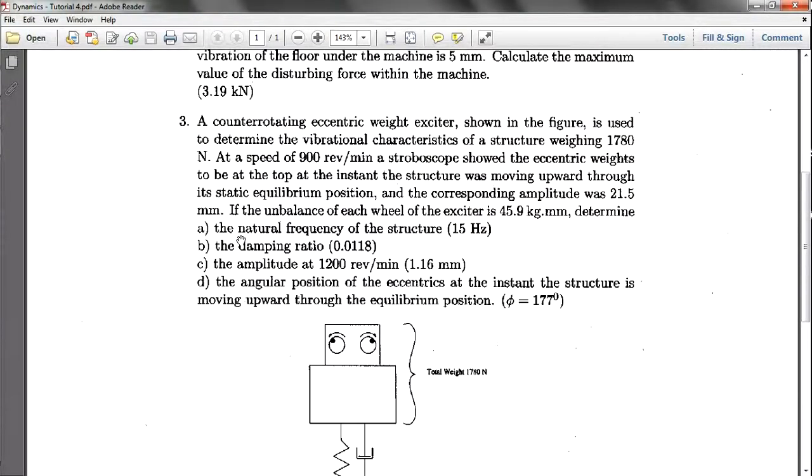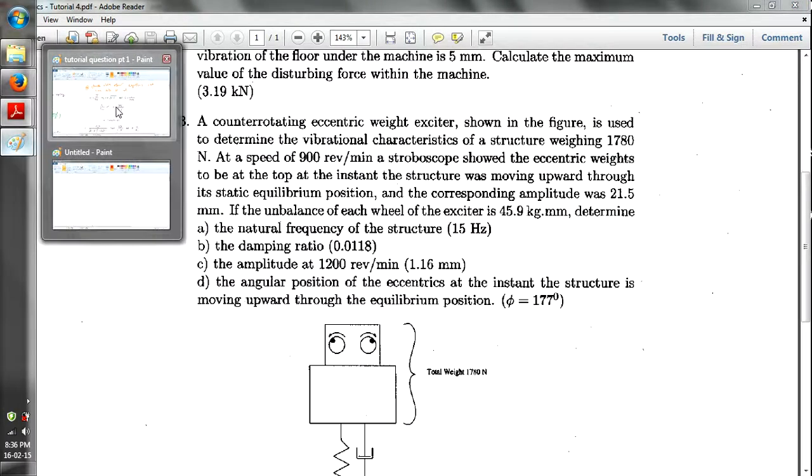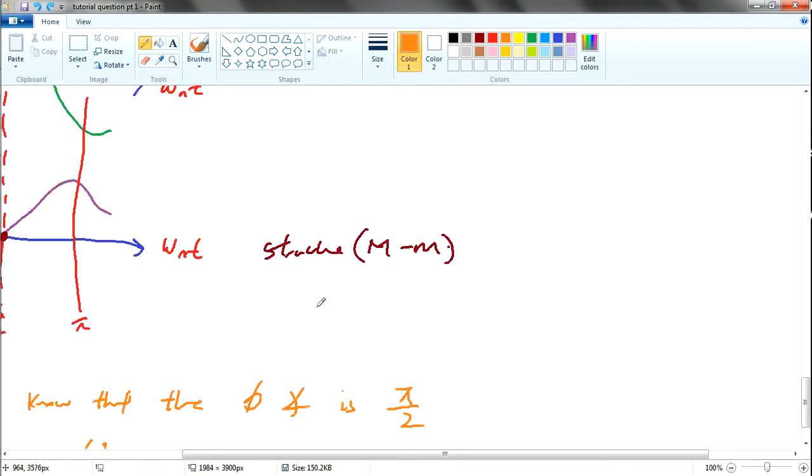The first question says, find the natural frequency of the structure itself, not including the mass, in other words M minus m. So how are we going to find it?